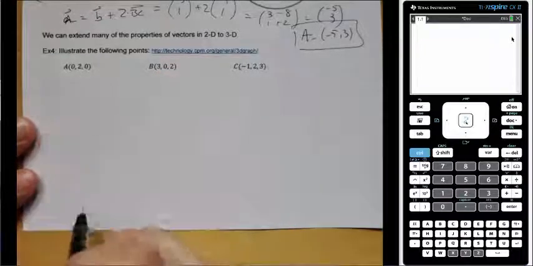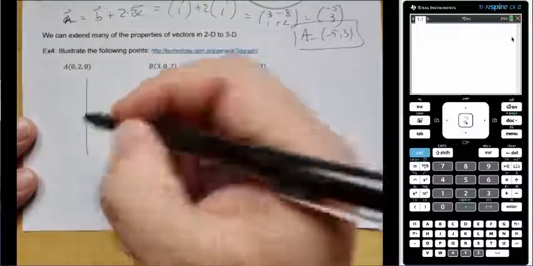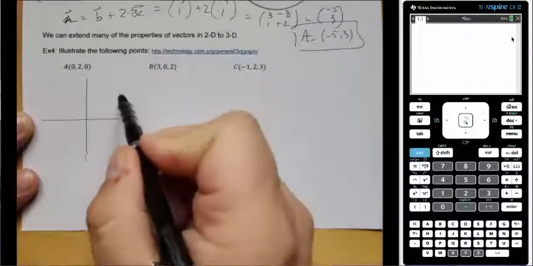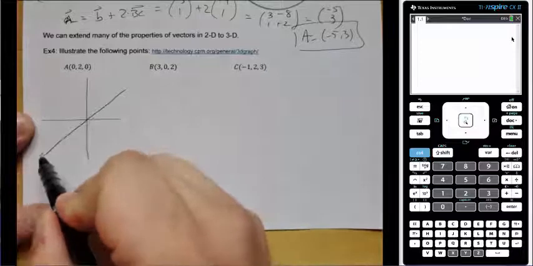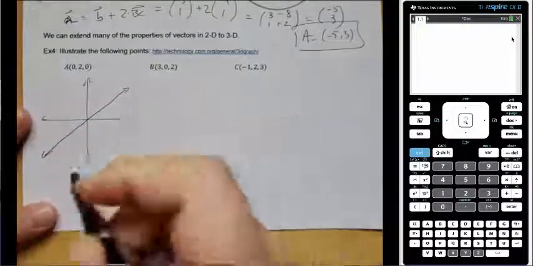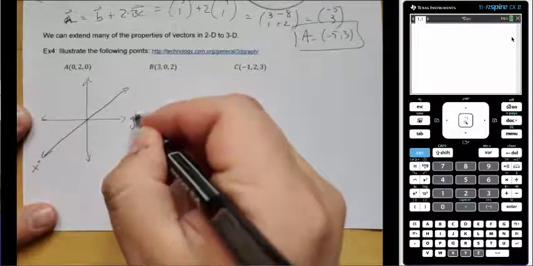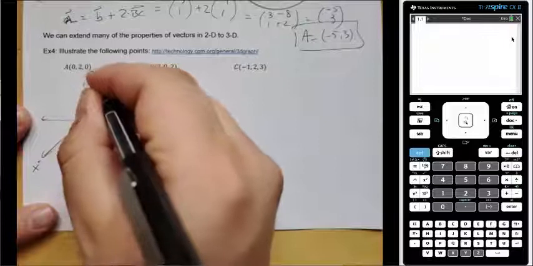The standard axes that we draw in 3 dimensions is usually written like this. So, 2, and then an axis coming through. By convention, this is the positive x-axis, here's the positive y, and positive z goes up and down.